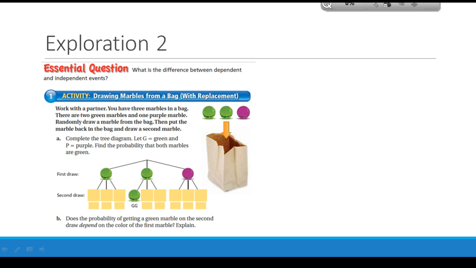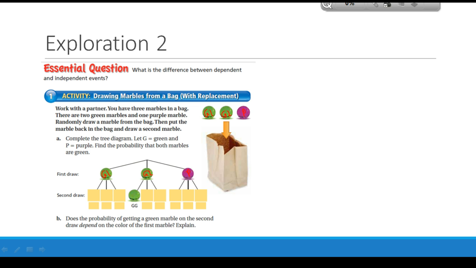Okay, so for the first draw, we're going to call this one green 1, and this is green 2, and this is purple, right? So the first one, we could draw green 1 and then put it back, or draw green 2 and put it back, or draw purple and put it back, right?